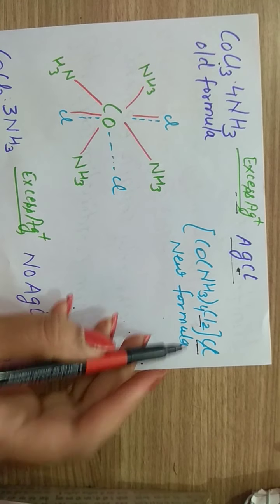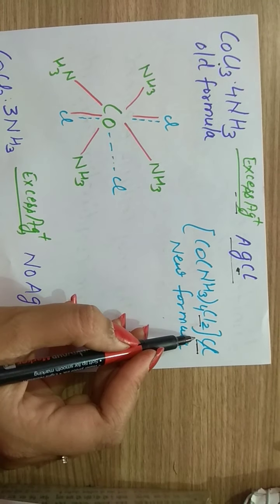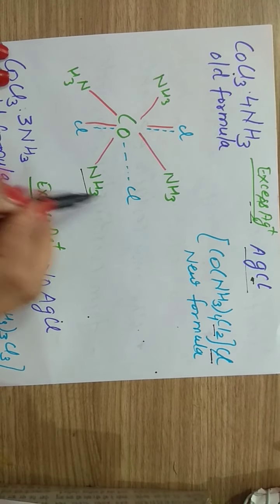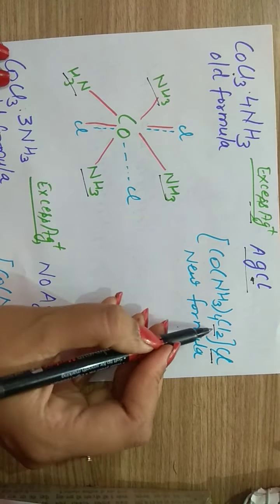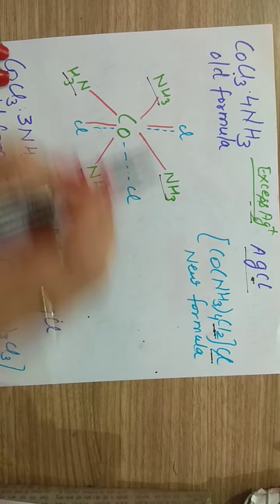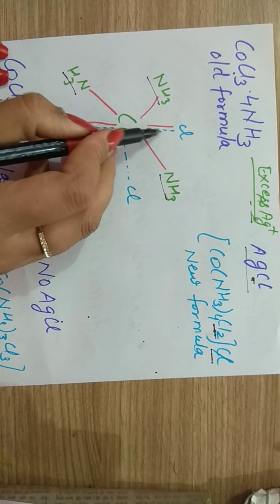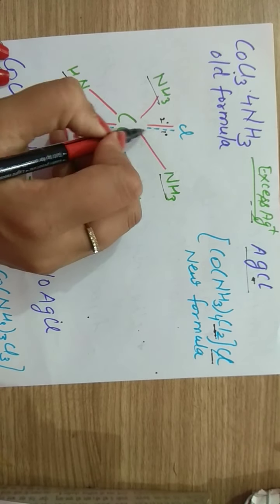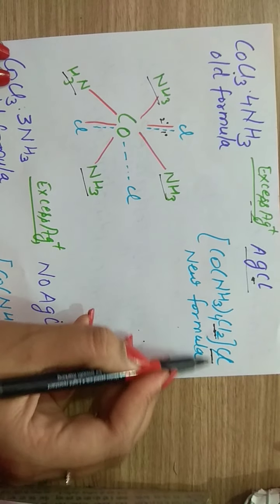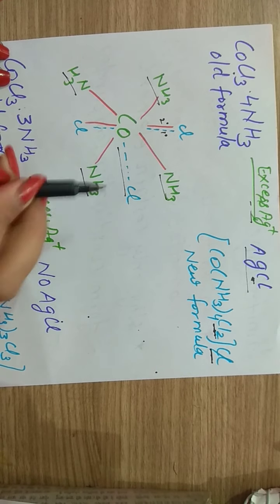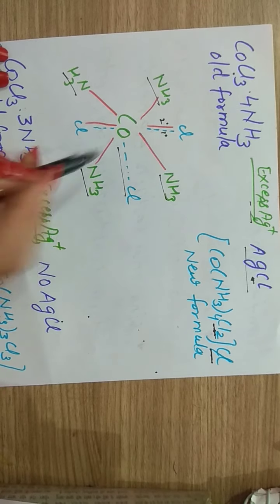So the structure of this compound will be like this, in which these are four ammonia molecules, and these two chlorine atoms inside the bracket are shown by both the single line and the dotted line, primary valency and secondary valency. And this single chlorine atom, which is satisfying only primary valency, is this chlorine atom. This is the structure of this compound.